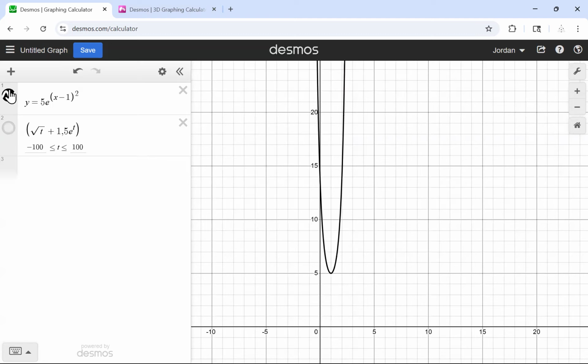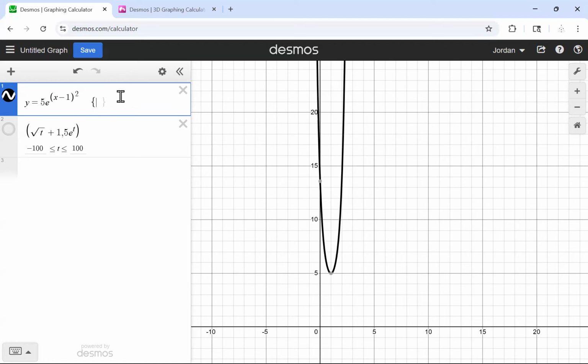So y equals 5e to the x minus 1 squared power is not the same, but it is the same if I choose to restrict my domain from 1 to higher.